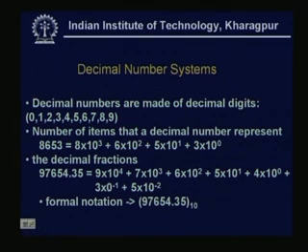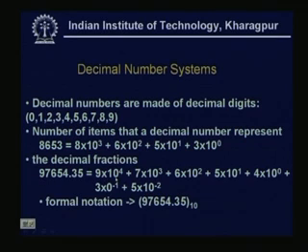Now if it is a fraction, how can we quantify this? Similarly, take 97654.35. If we start from here, 0, 1, 2, 3, 4, then 9 is in the 4th position.